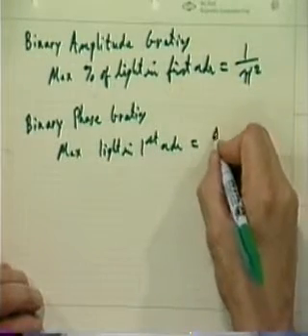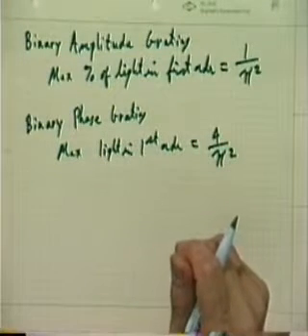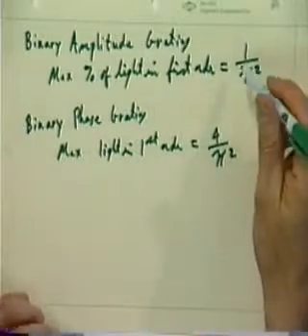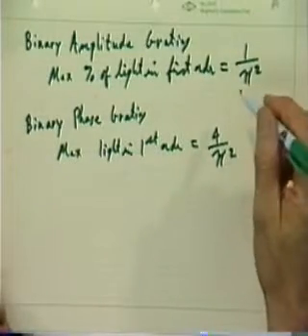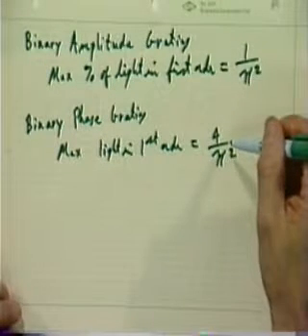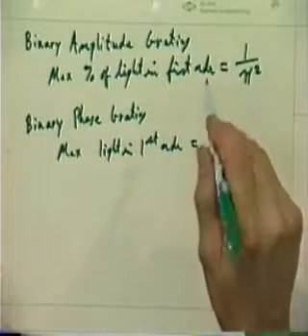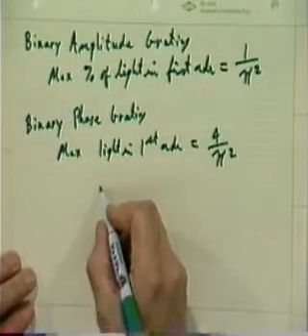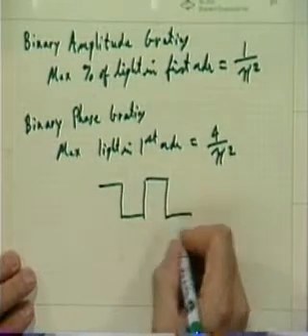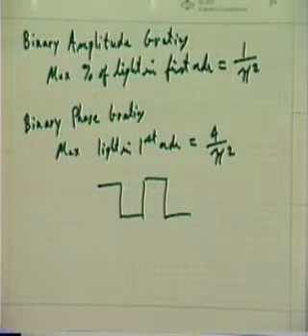That was 4 over pi squared. Both of these occurred when we had a 50% duty cycle. And for the phase grating, the phase steps were 180 degrees to get to 4 over pi squared.